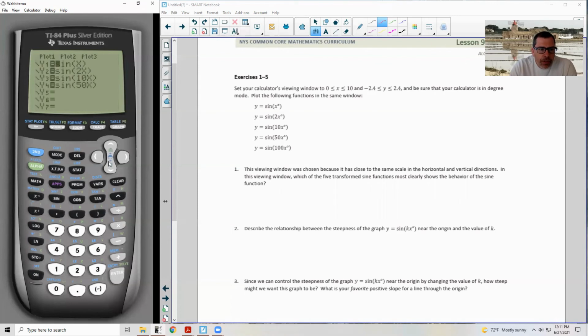So let's do one more, sine of 100x. Okay, so there's one period, two periods, and part of a third. So as you can see now, increasing our k in front of x is actually taking the sine function and compressing it this way.